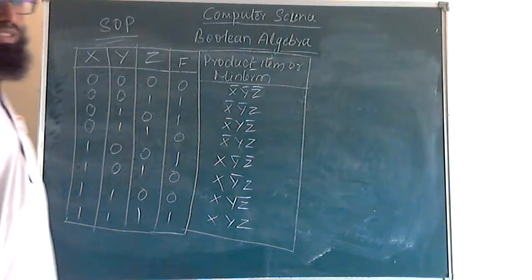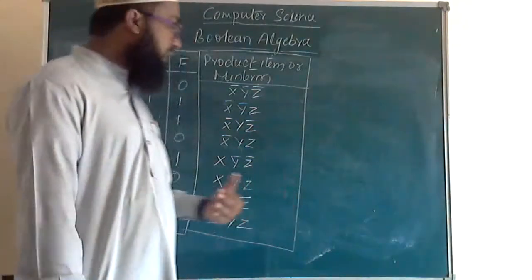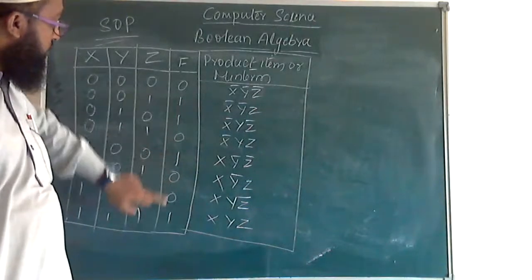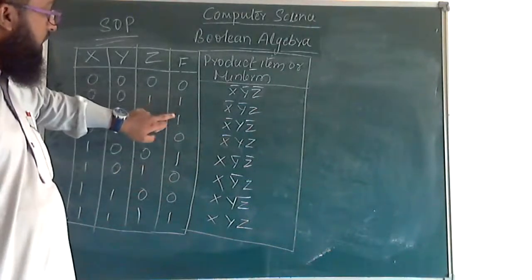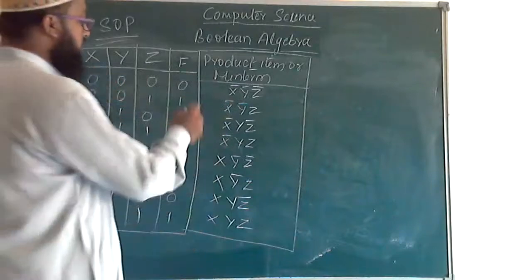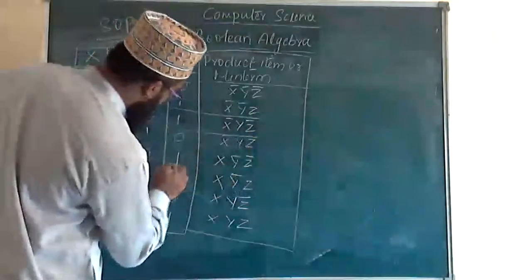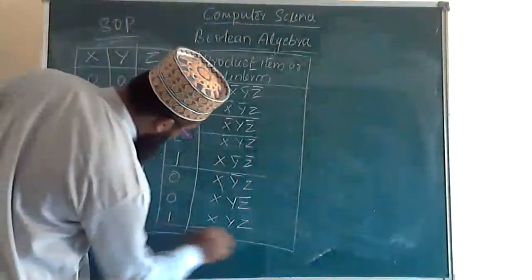As we have discussed previously, wherever the result is 1, write its min term or product term. Here result is 1, here result is 1, here result is 1, then here result is 1.